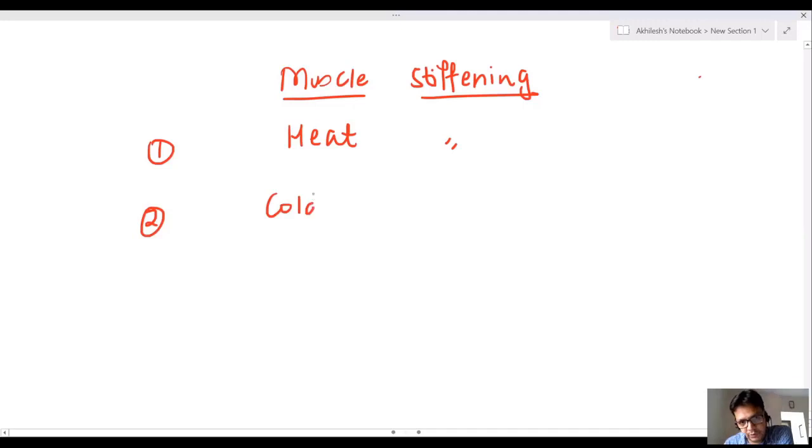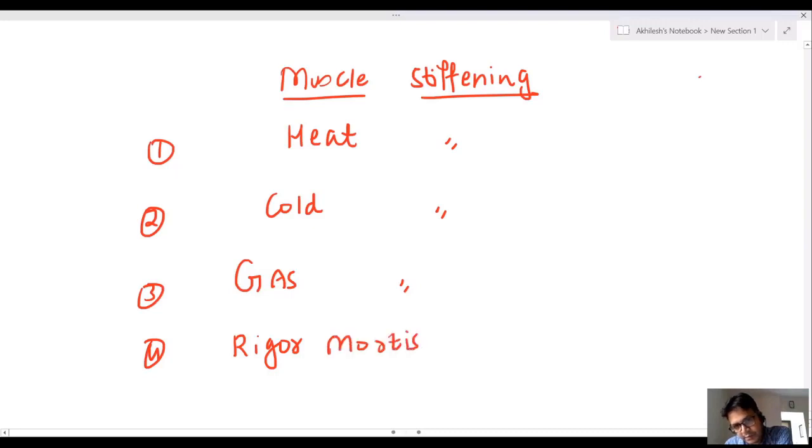Second, cold stiffening. Third, gas stiffening. Fourth, rigor mortis. Fifth, cadaveric spasm.